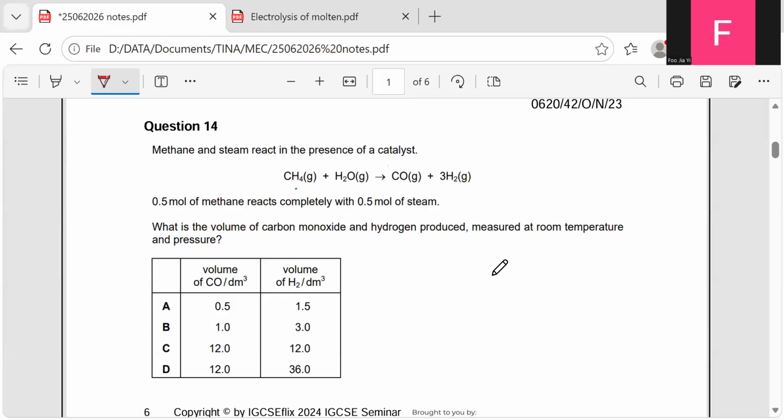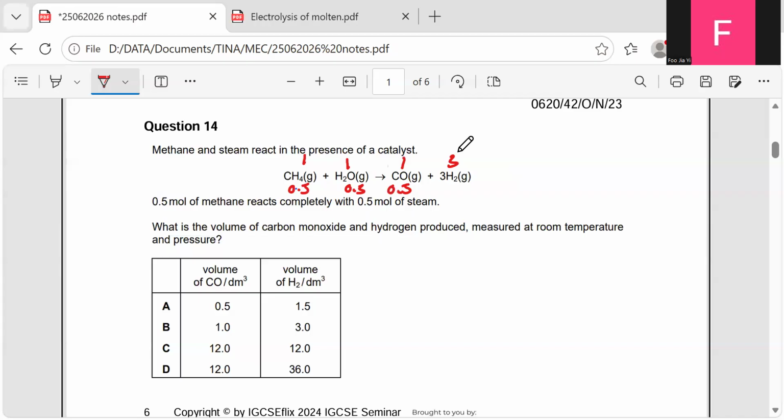You guys can answer it. If this one is 0.5 mole and this one is 0.5 mole, how many moles of carbon monoxide should you get? 0.5, because the ratio is 1 to 1 to 1 to 3.